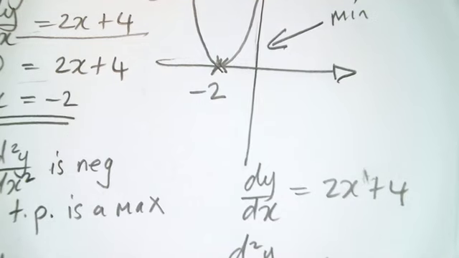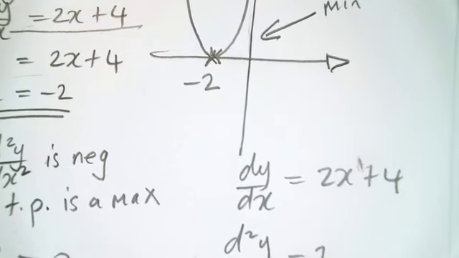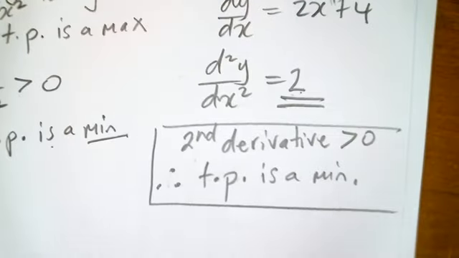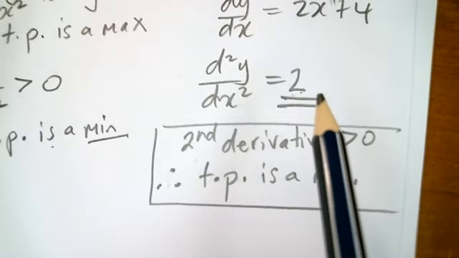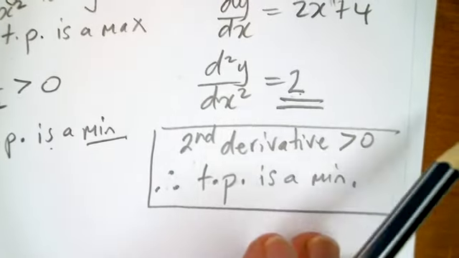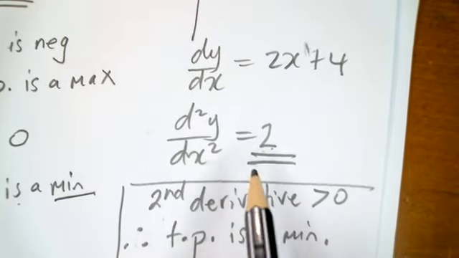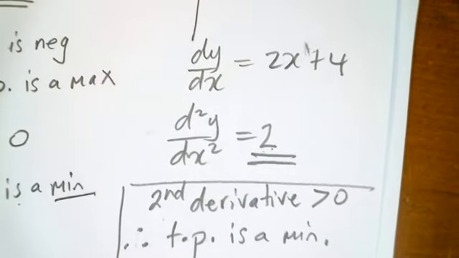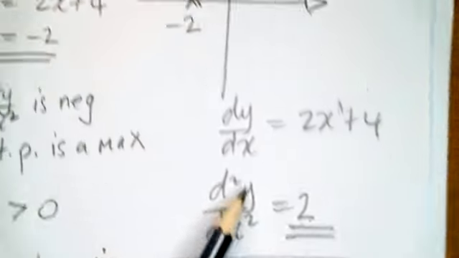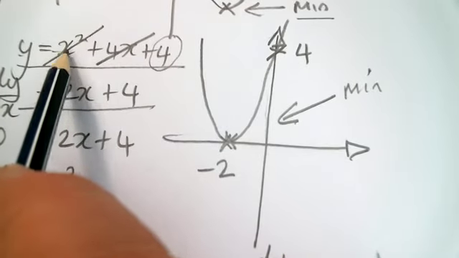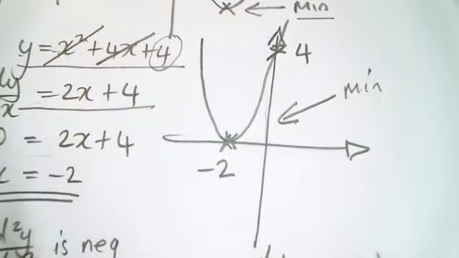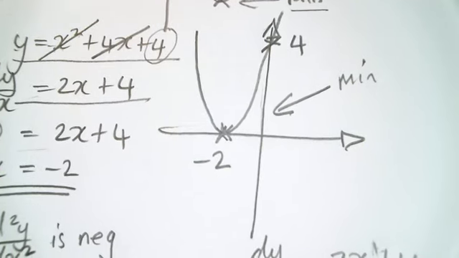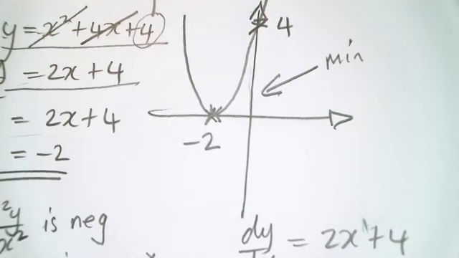Now here's the really important bit. This only works for parabolas. I mean, the second derivative works for everything. But if it's a parabola, all we need to do is find the second derivative. If it's something with a greater power than 2, in other words, it's going to be x to the 3 or x to the 4 or x to the 5 and so on, then it's not enough anymore just to find the second derivative.